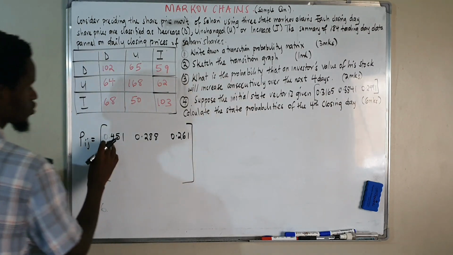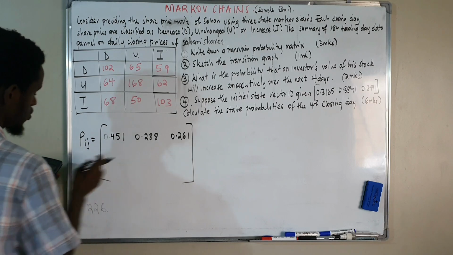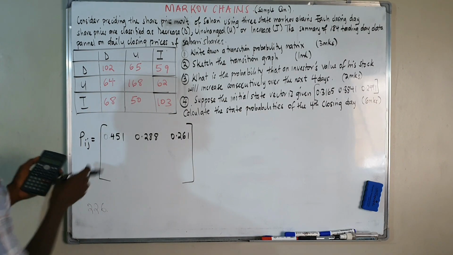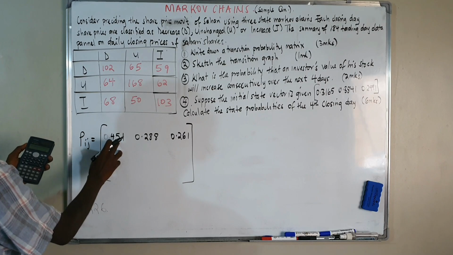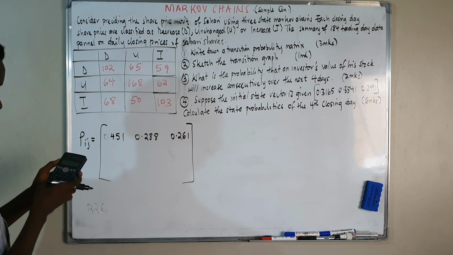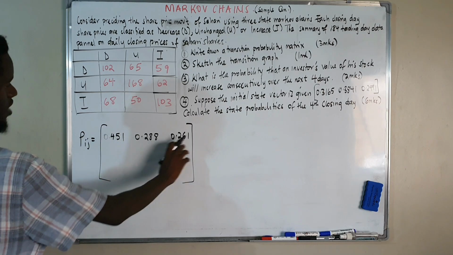I have to make sure that if I add the whole of the row, I get 1. Let me try to see: 0.451 plus 0.288 plus 0.261. It has to add up to 1. My row is adding up to 1.